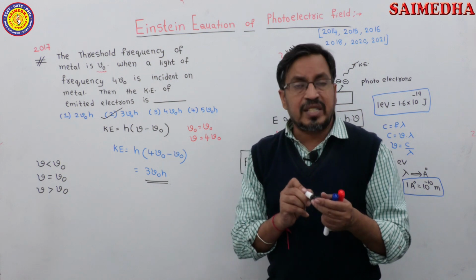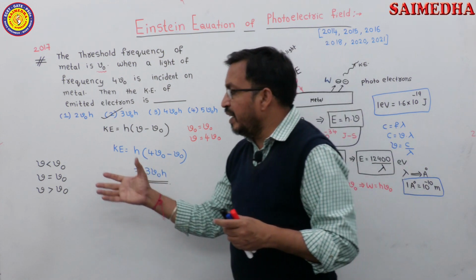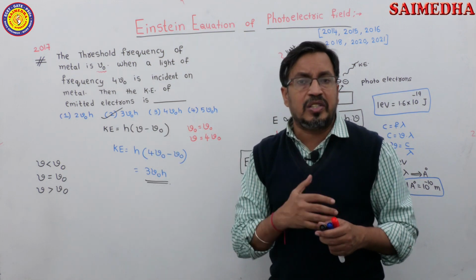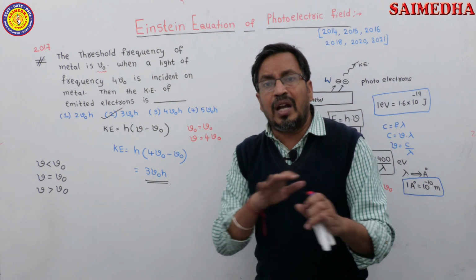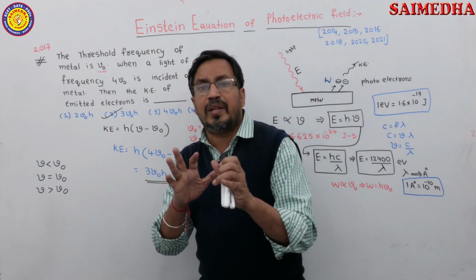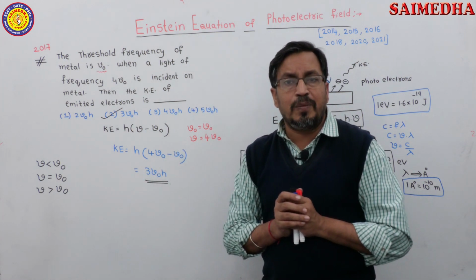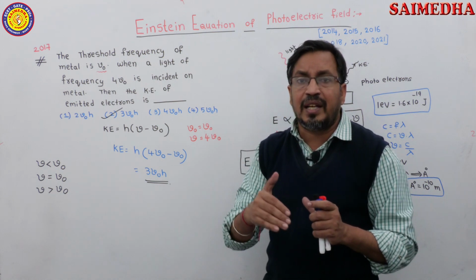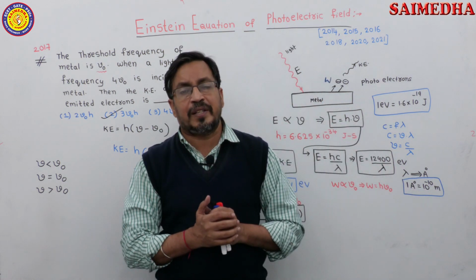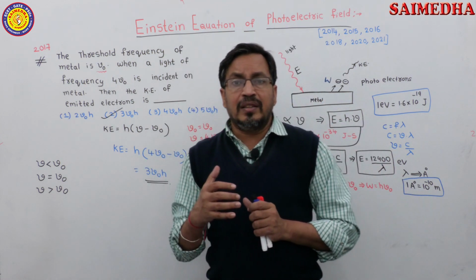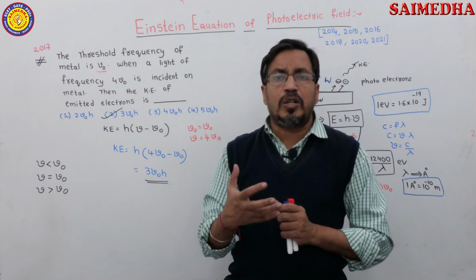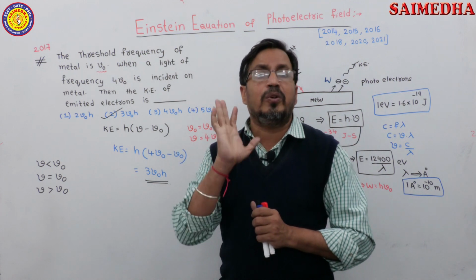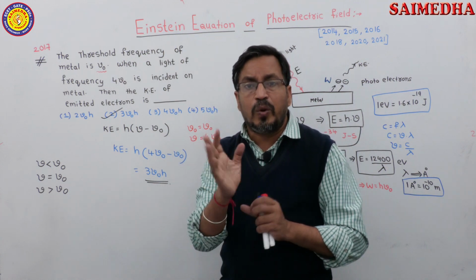In the first case, when V is less than V naught, no electrons will be emitted from the metal surface. Similarly, when the incident frequency equals the threshold frequency, electrons will be emitted only.